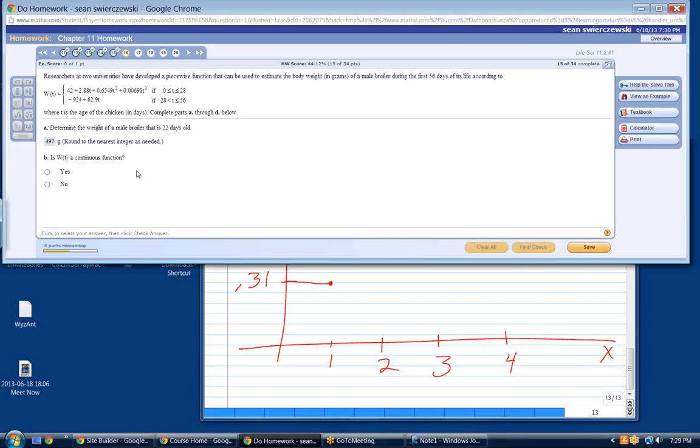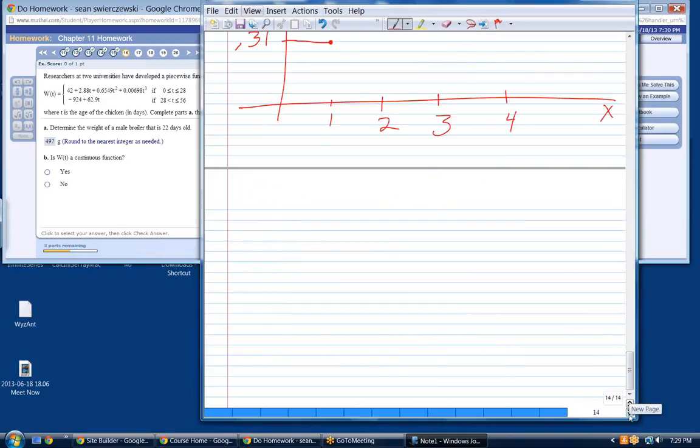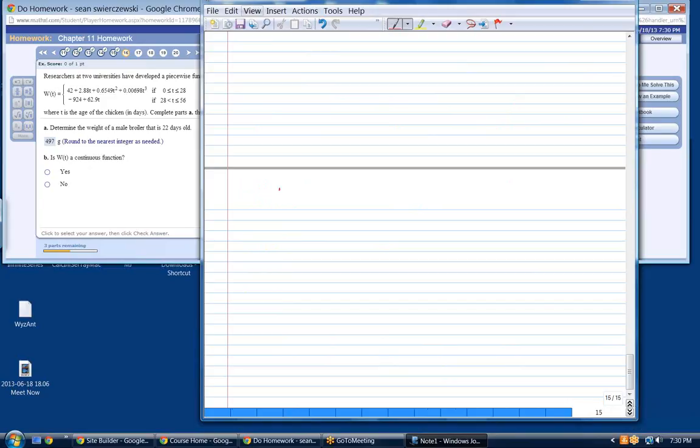Is this continuous? Yes, because it includes 28, right? Well, what if it were to look like this? How do we know it doesn't look something like this?